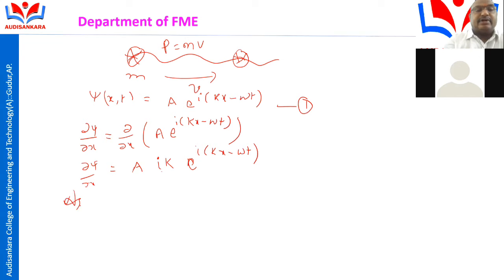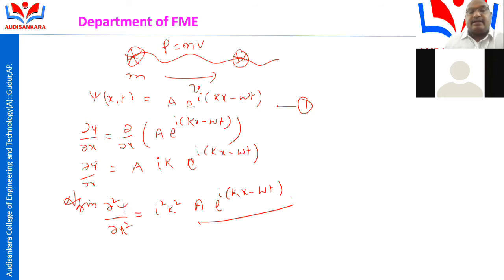Again differentiating, dou square psi by dou x square is equal to i square k square A e power i(kx minus omega t). My dear students, A e power i(kx minus omega t) is psi itself.